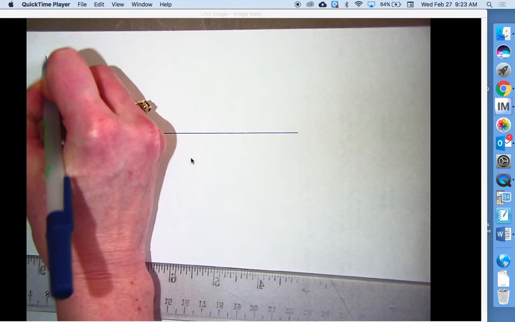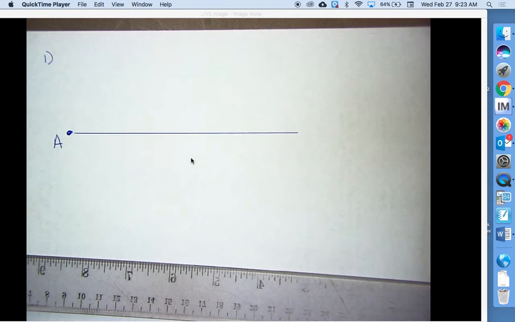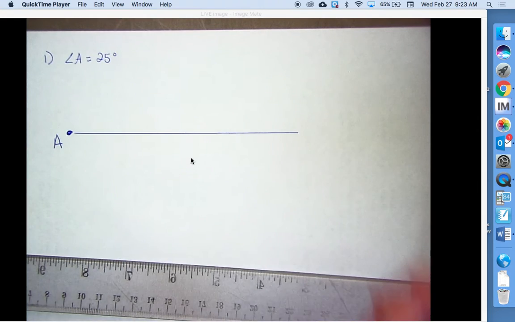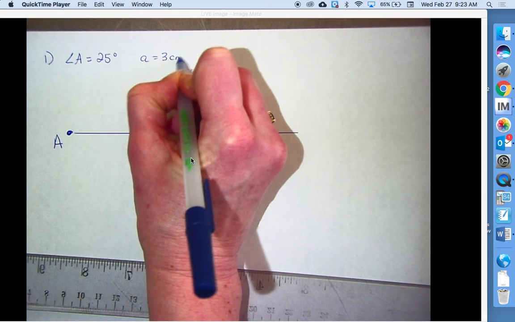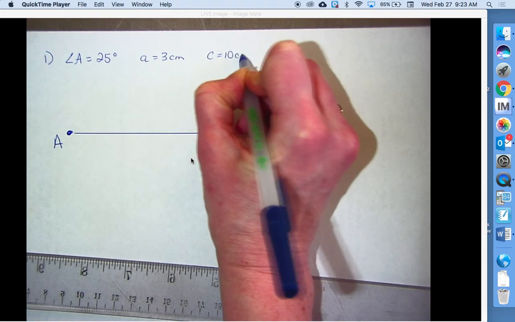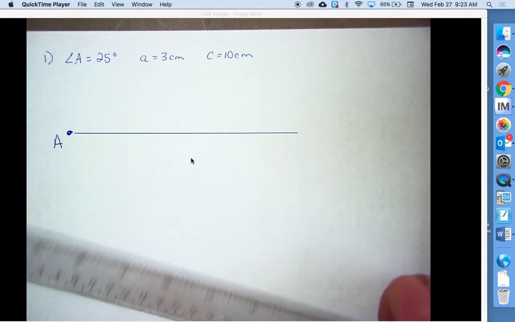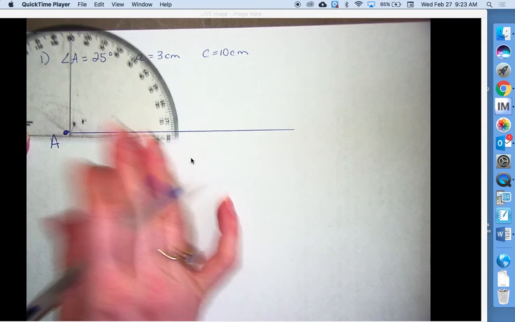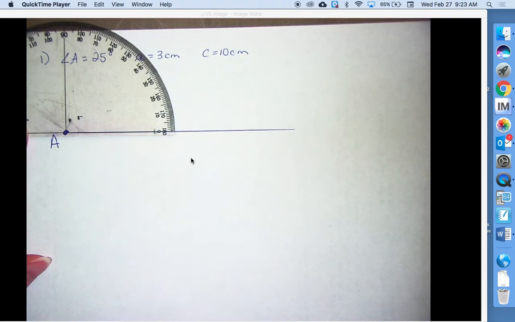I am going to do problem number 1 with you, where angle A is 25 degrees, side A is 3 centimeters and side C is 10 centimeters. So this is problem number 1 from the worksheet. When you take your protractor, you're going to line up the middle line, where it makes that perpendicular angle, with the baseline and the point you created on the left side.